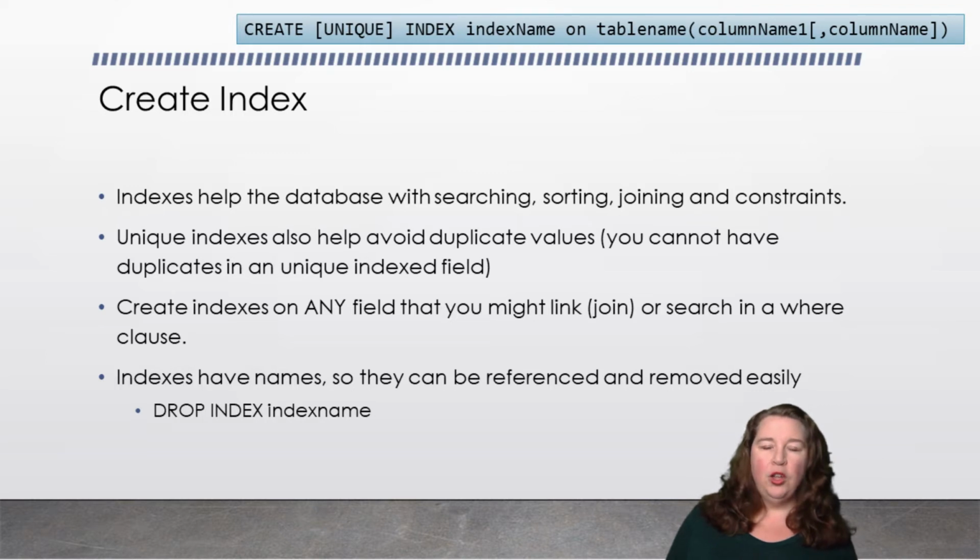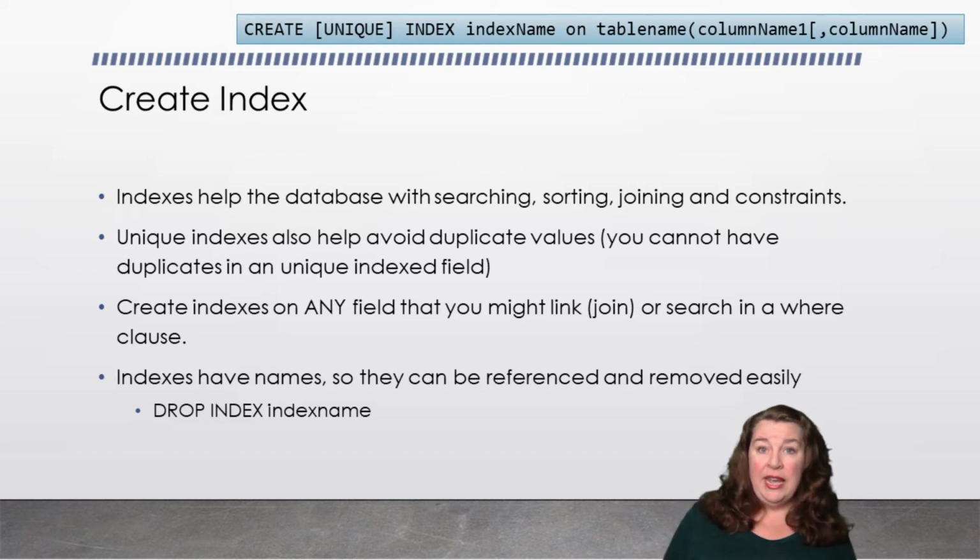I am using all caps for keywords, and then I'm using lowercase or camel case for my names, just a heads up. I recommend adding an index for any field that you might join on and any field that you might search on. So I'll add 5 indexes for a table of 12 attributes if I think that's necessary.